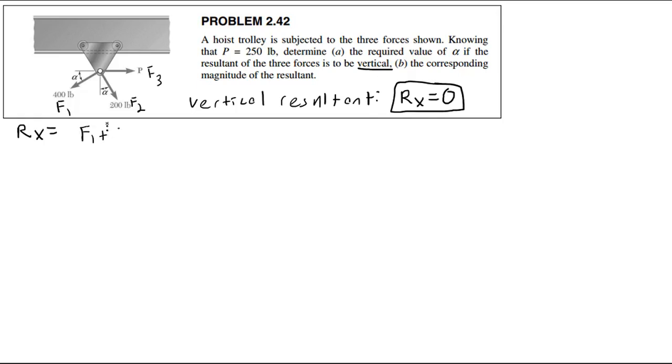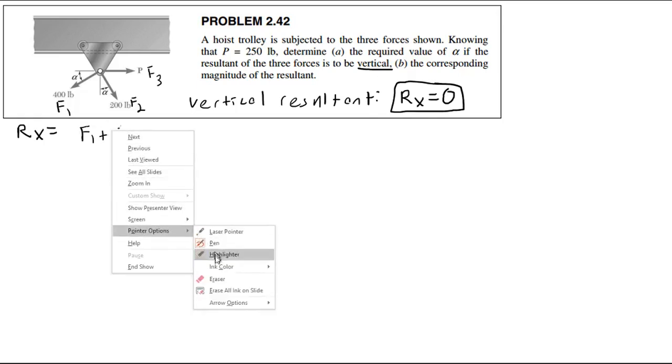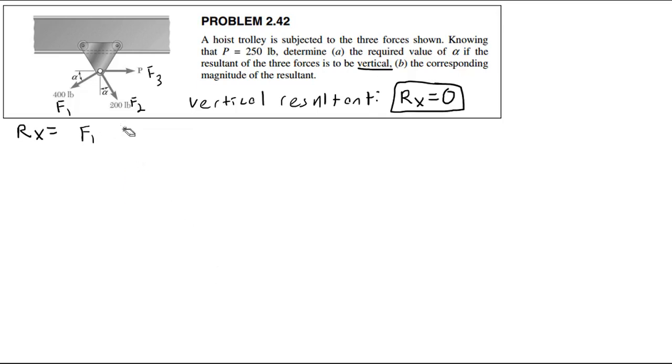Rx equals F1x plus F2x plus F3x. Now we are going to have to pay special attention to where the angles are defined from. This alpha here is defined from the x-axis, so for the x component I'm going to use the cosine for this one. But for this one, the angle is defined off the y, so I'm going to use the sine for the x component of this.